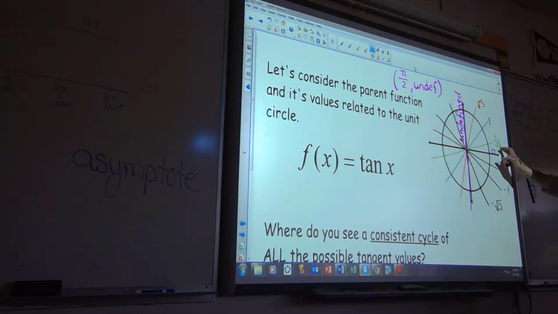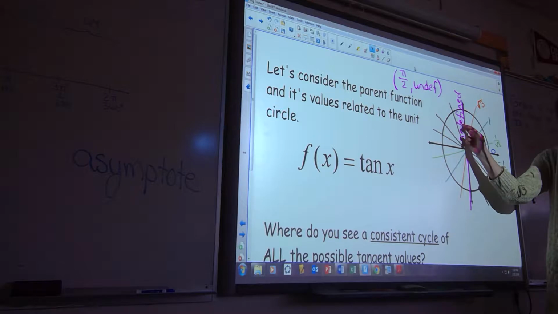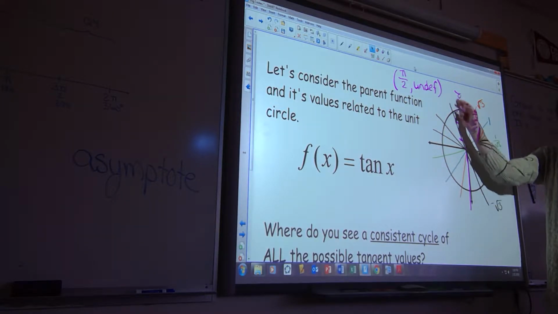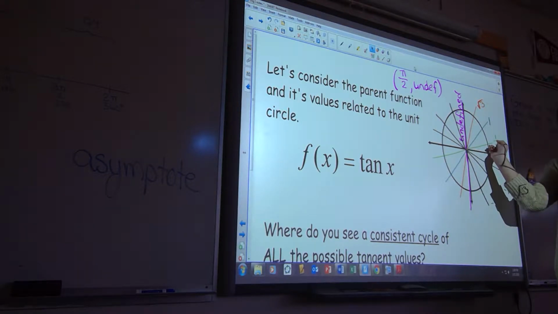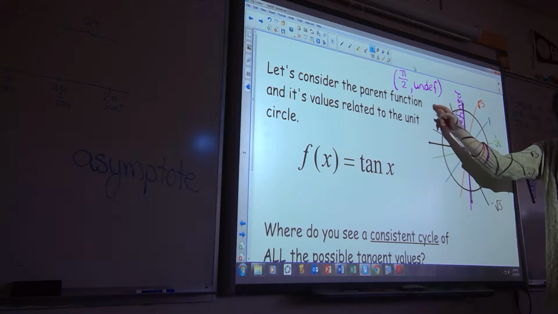If I go from here through quadrant 1 and then into quadrant 2, notice how it gets broken halfway through by our undefined value. So I might not actually want to do all the angles in quadrant 1 and then all the angles in quadrant 2.